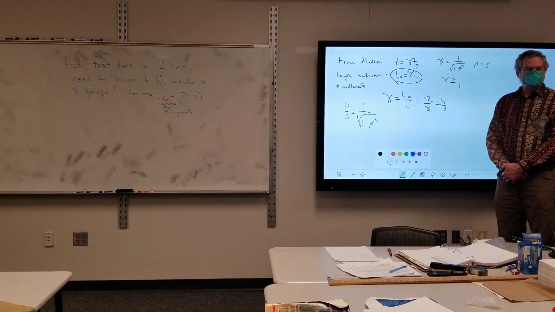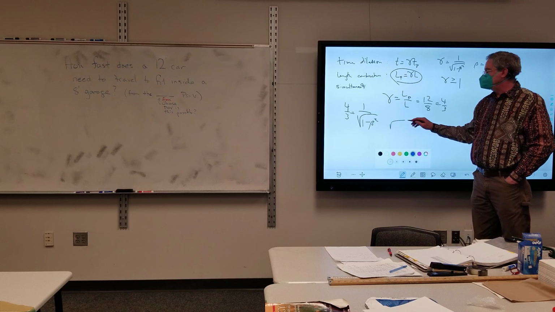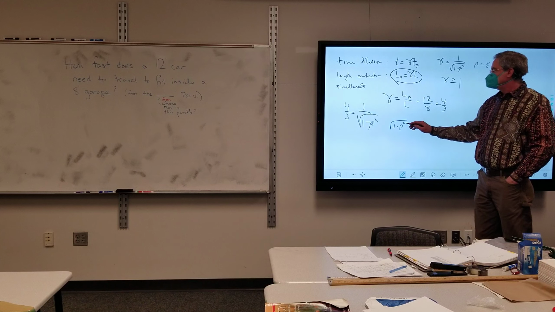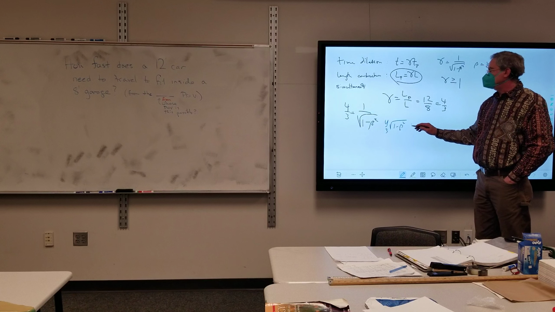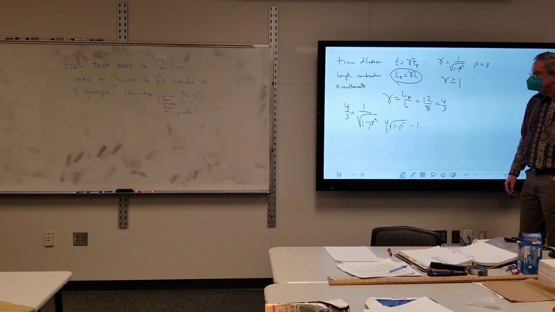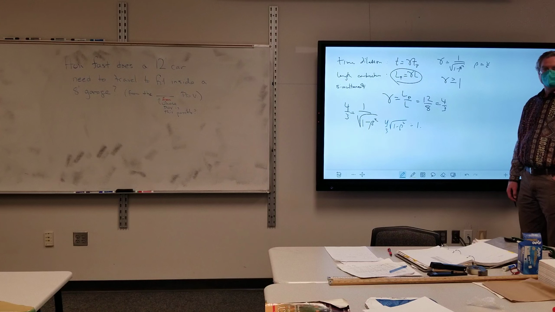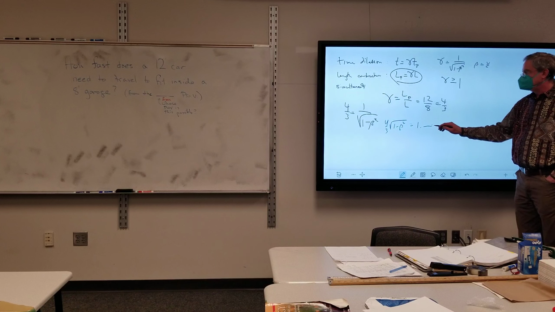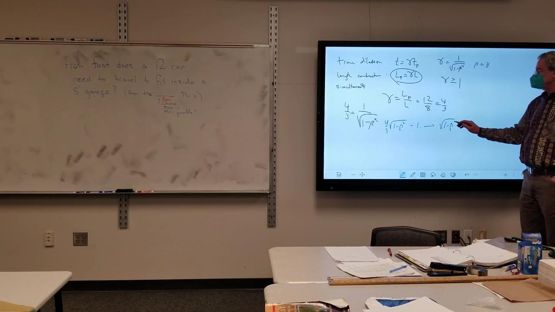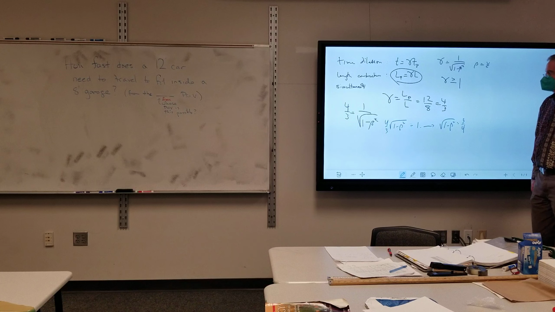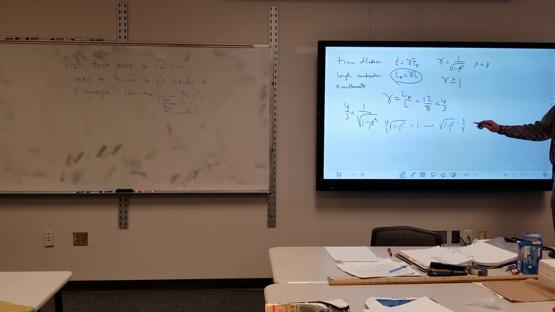Multiply both sides by the square root of 1 minus beta squared. All right, so we got the square root of 1 minus beta squared times 4/3 equals 1. Then multiply by 3/4. Okay, so the square root of 1 minus beta squared is equal to 3/4. Square both sides. So 1 minus beta squared is equal to 9/16.